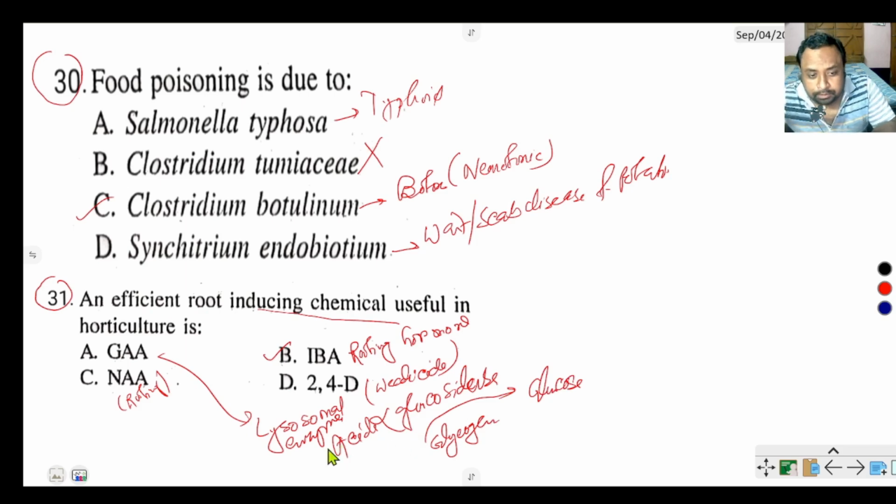So in the absence of this enzyme, glycogen is deposited in the lysosome. That is type 2 glycogen storage disease, which causes muscle weakness and other severe health problems.